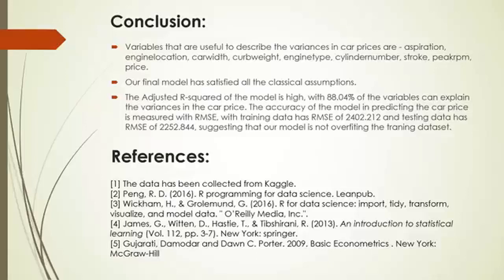The adjusted R-square of the model is high, with 88.04% of the variance in the car price explained. The accuracy of the model in predicting the car price is measured with RMSE. Training data has RMSE of 2402.212 and testing data has RMSE of 2252.844, suggesting that our model is not overfitting the training dataset.